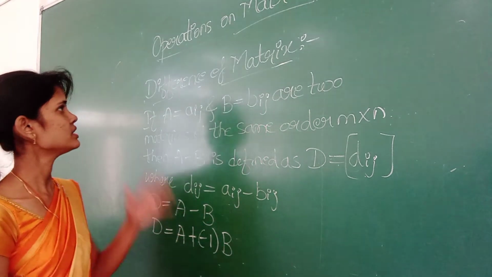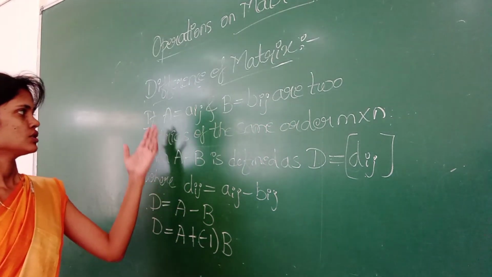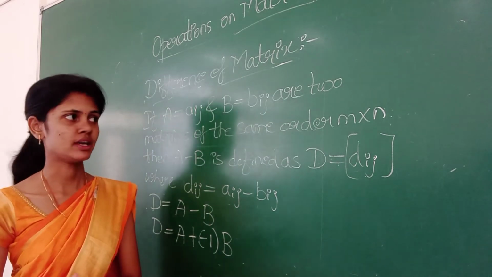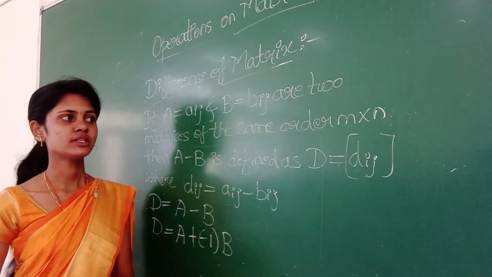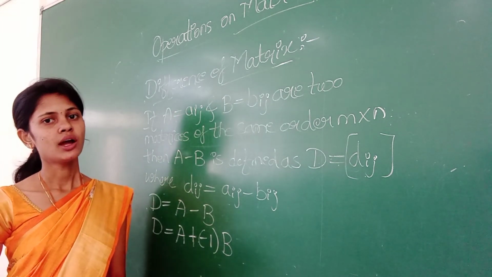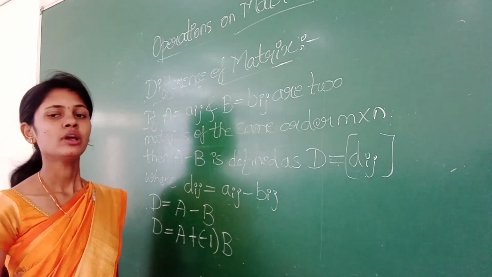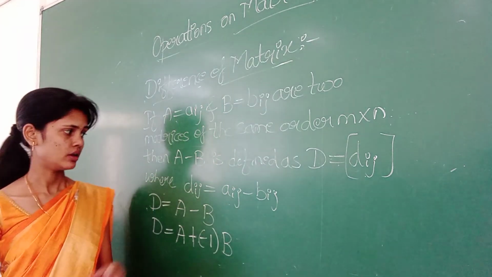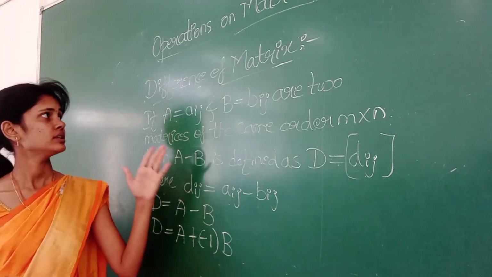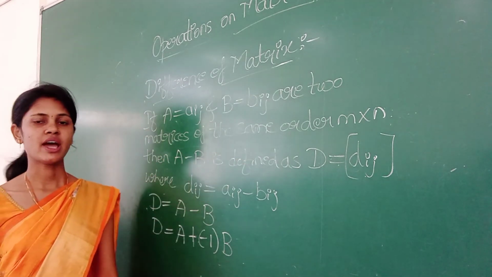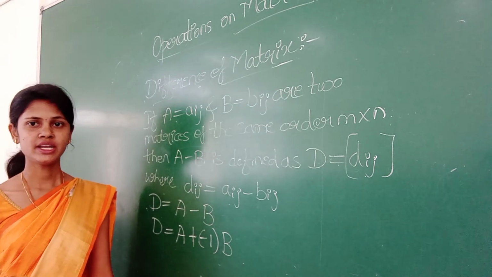So the next part is difference of matrices. If A is equal to Aij and B is equal to Bij are two matrices of the same order m cross n. So here also we will have two matrices A and B which are of the same order m cross n. Then A minus B, that is the difference of two matrices A and B, is defined as D is equal to Dij.